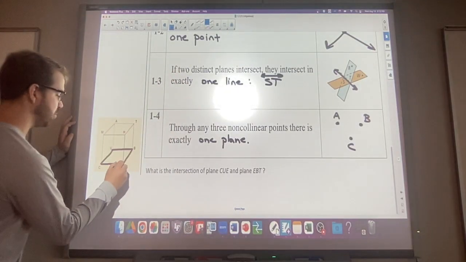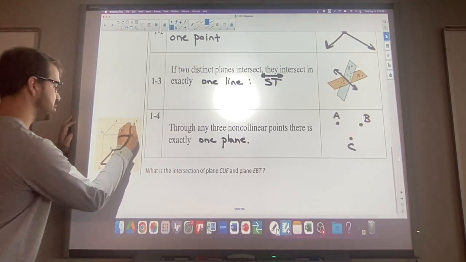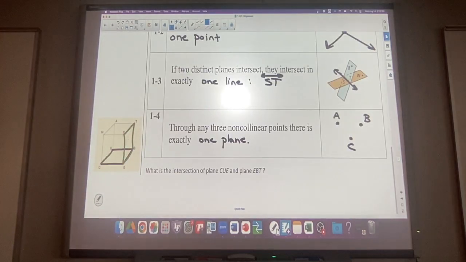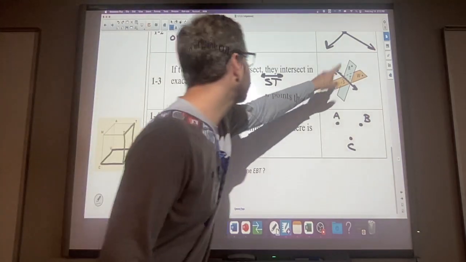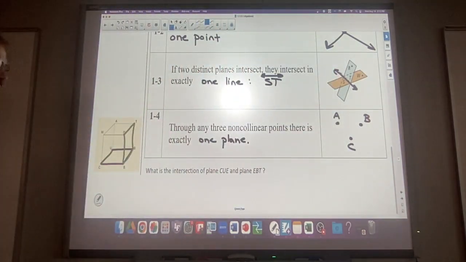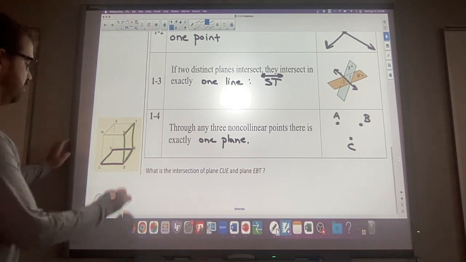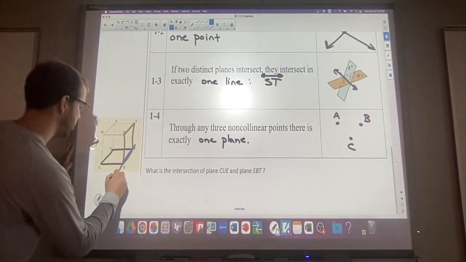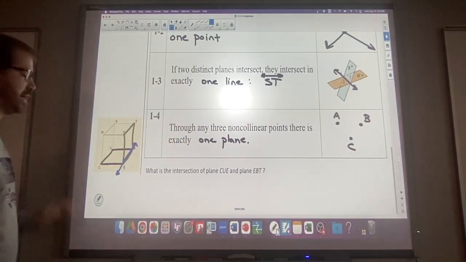EBT, well those three describe this plane right here on the right side of the cube. What is the intersection of those two? We just said two planes intersect at a line, so which line intersects those two planes? Well, it'd be this one right here, blue here. It would be line EB.